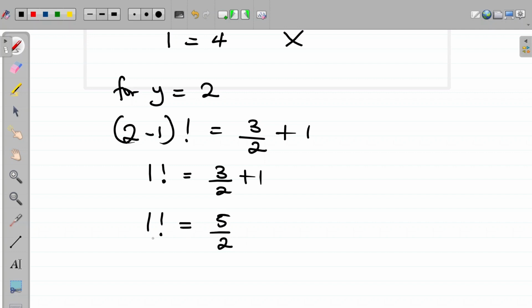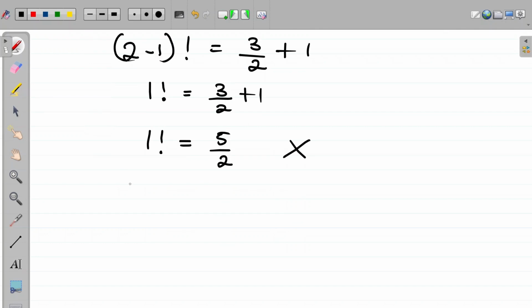Thus, 1 factorial is not equal to 5 divided by 2, so therefore the value of y is not equal to 2.